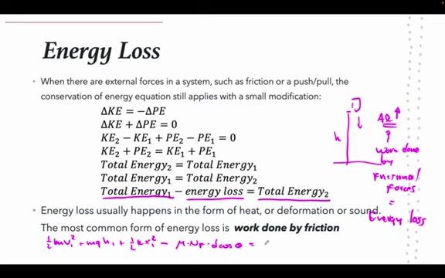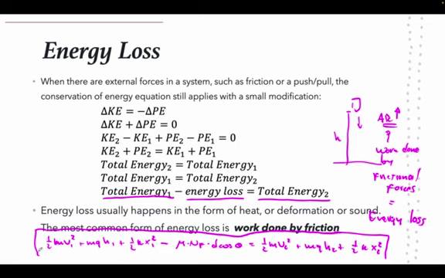And this is going to be equal to the total energy at the end, 1/2 mv2 squared plus mgh2 plus 1/2 kx2 squared. And this formula right here is the formula for the conservation of energy when we include energy losses.